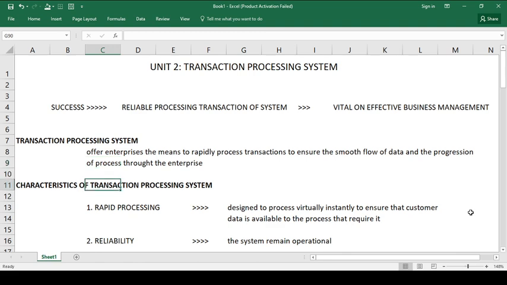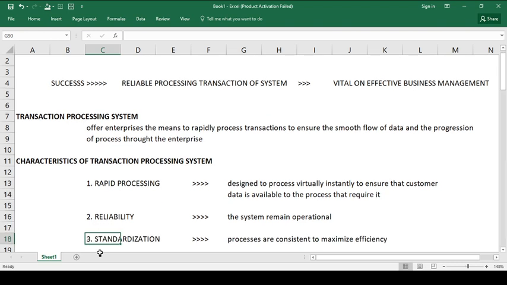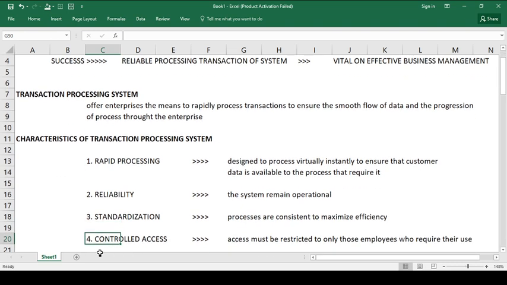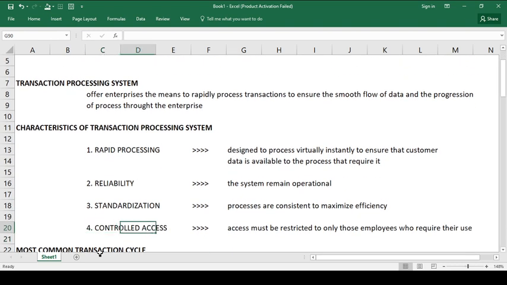Well, the characteristics of a transaction processing system are, first, rapid processing. Second, reliability. Third, standardization. And fourth, controlled access.